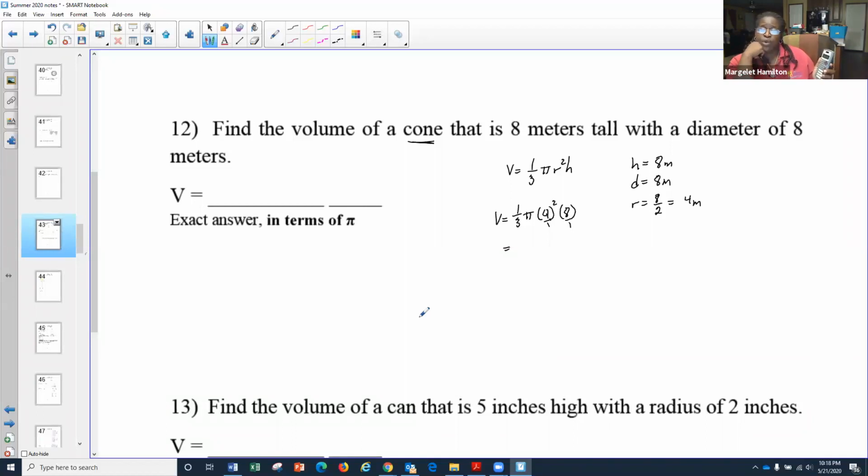And we'll get right back to that 128/3, which is what we had when we multiplied 4 squared times 8. So 128 all over 3. Don't forget our pi. And then our dimensions are meters, so meters cubed.